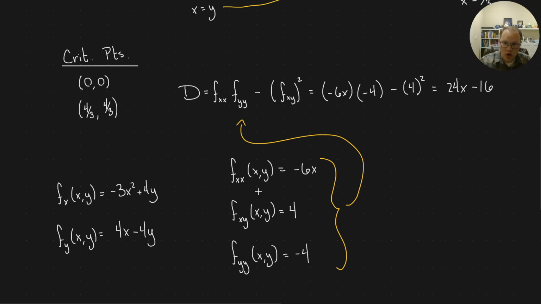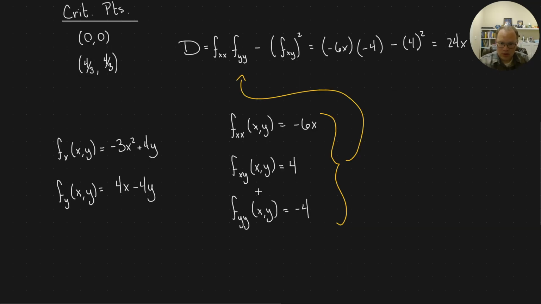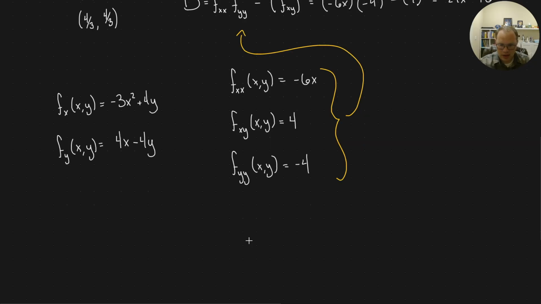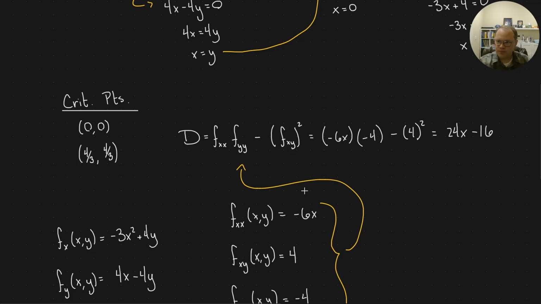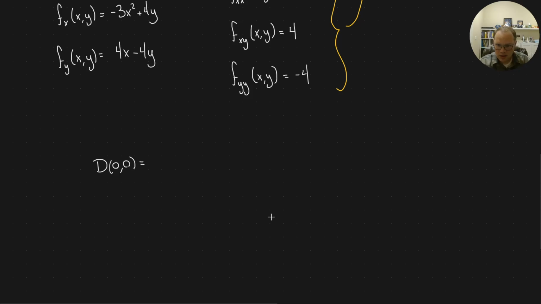Okay, let's start with 0, 0. So I'm going to bring that down here. Let's evaluate our discriminant at 0, 0. So I have 24x minus 16. I'm going to plug that in: 24 times 0 for the x, minus 16.